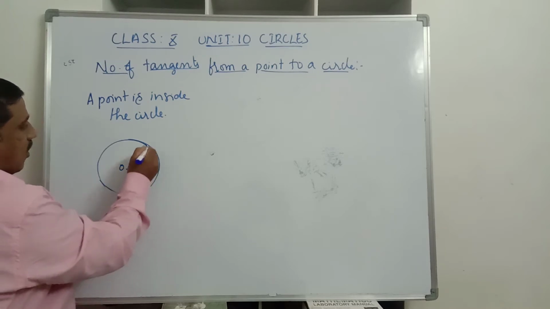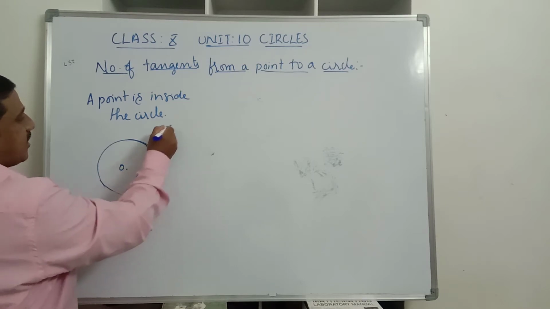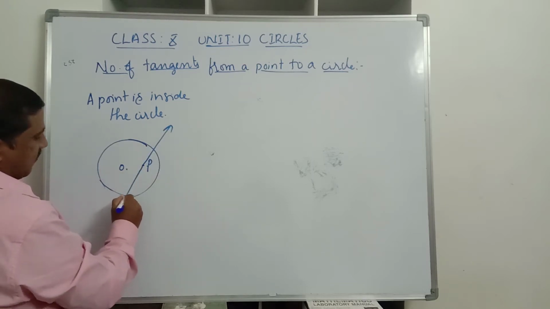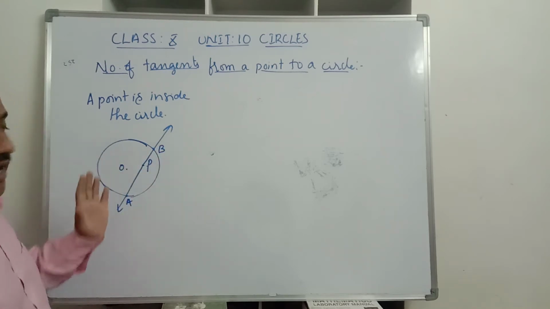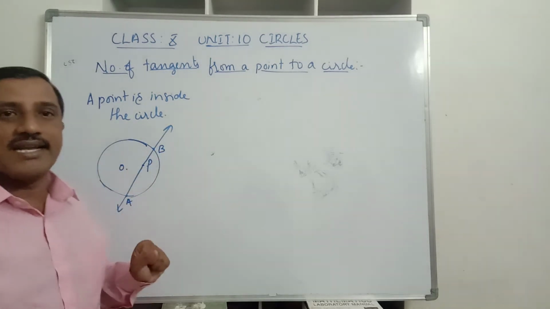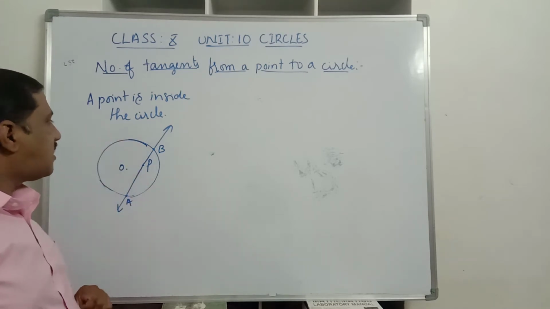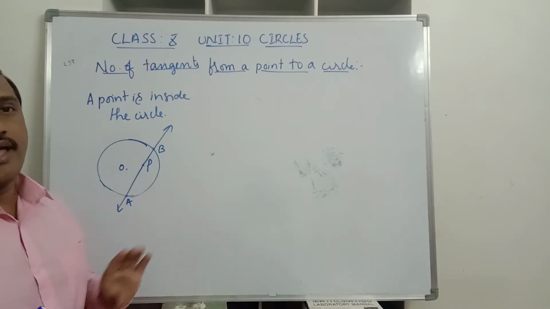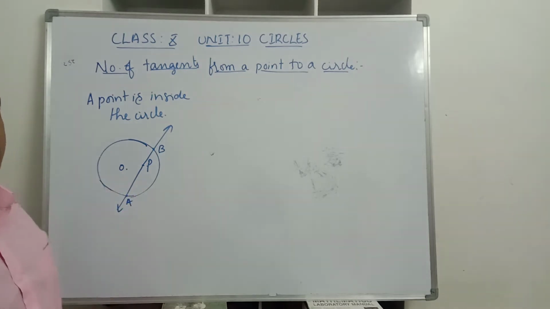Through this draw a line, and it intersects the circle at two different points A and B. Therefore, AB is a line which is not a tangent. Why is it not a tangent? Because it is intersecting the circle at two distinct points. Hence, it is known as a secant to a circle, not a tangent to a circle.